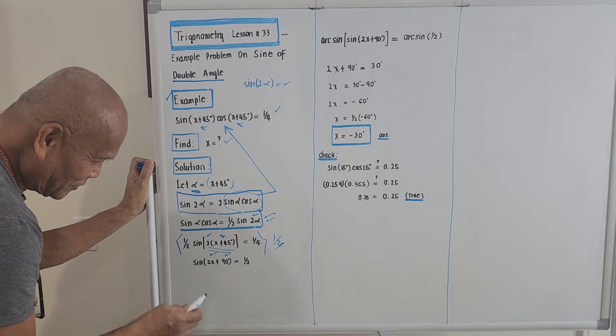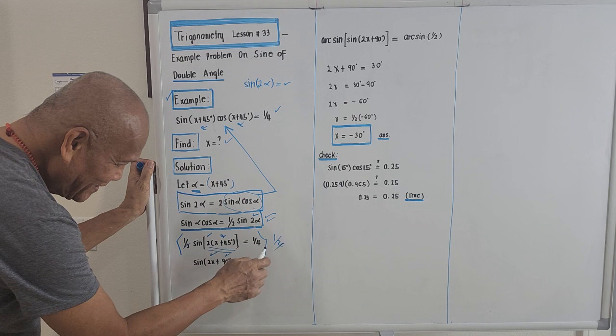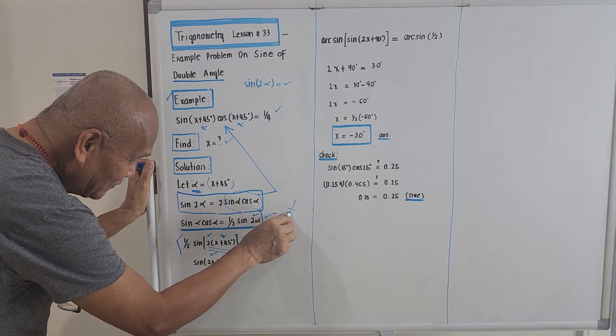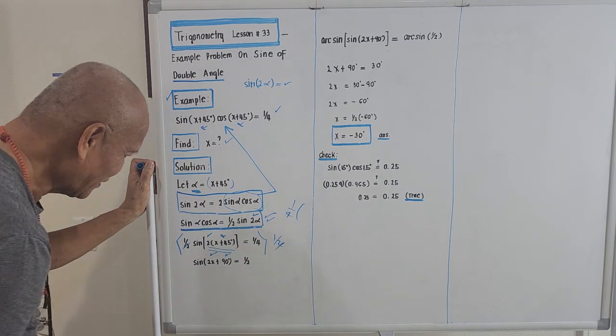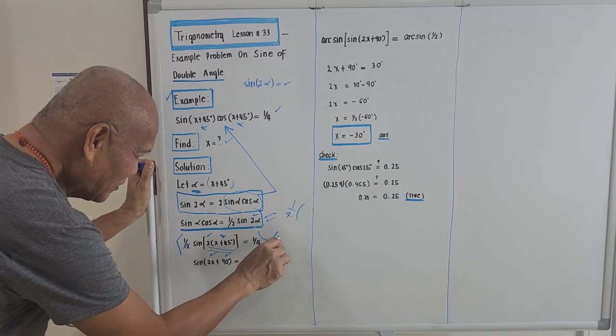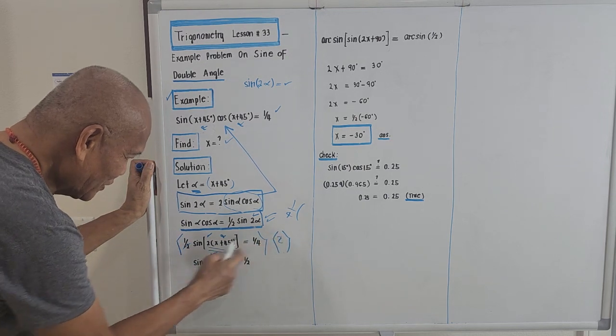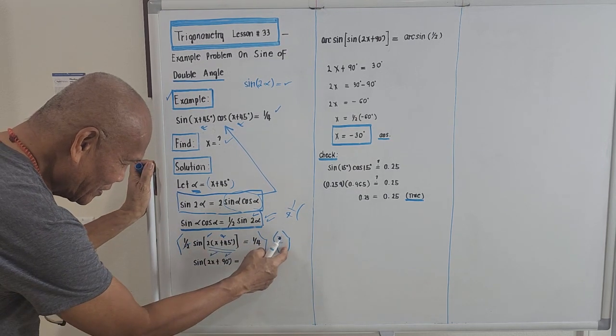Close quantity is equal to 1/4 times, is it 1/2? Oh, this should be 2. Sorry for this one. The multiplier should be 2. Because 1/2 times 2 is actually, this 2 here cancels with this.